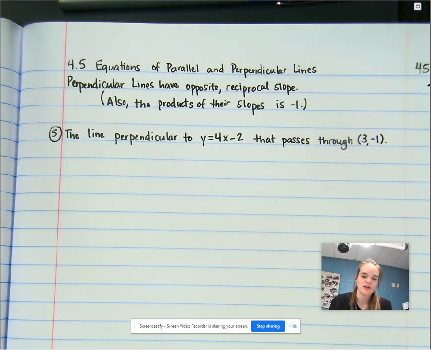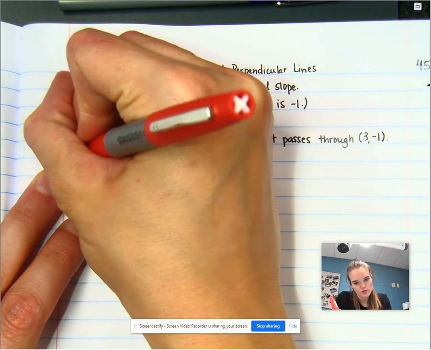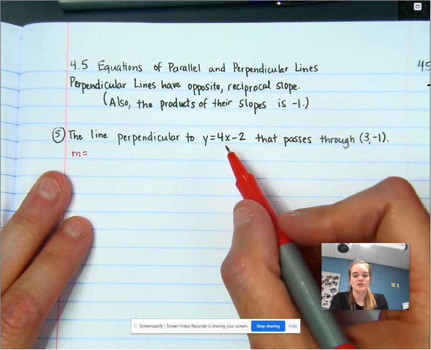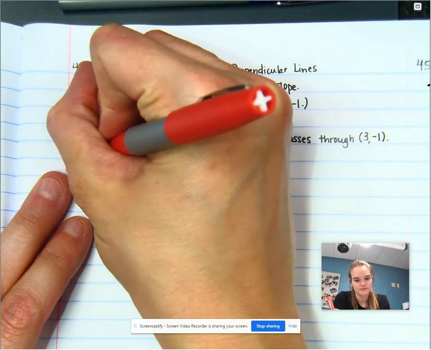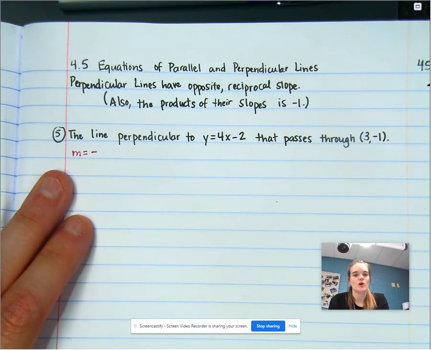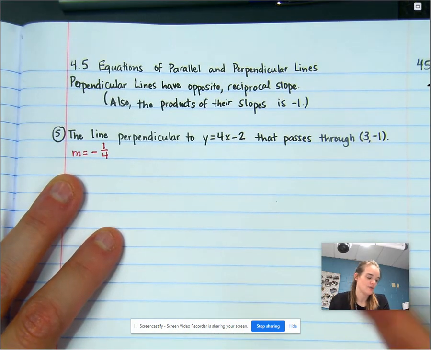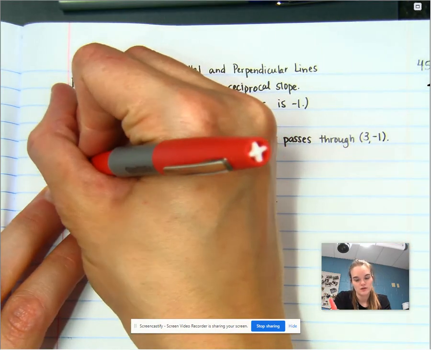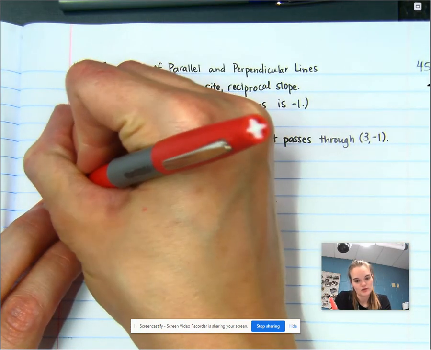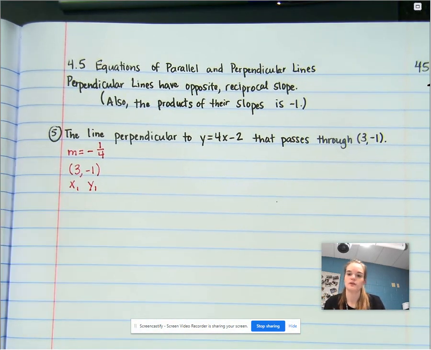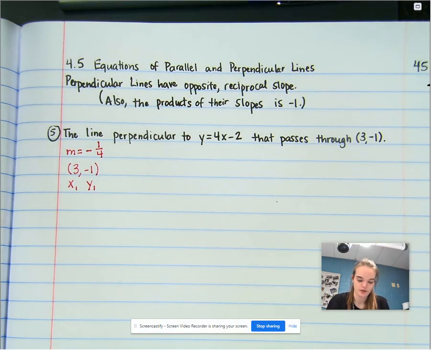So in this one, we can't just box in the slope here. The slope of this line is 4, but the slope of our new line is going to be the opposite and the reciprocal. 4 is positive, so the opposite of that is negative. 4 is the same as 4 over 1. The reciprocal of that is 1/4. And then we're going to use the point 3, -1, x1, y1. Those are the values we need, the slope and the point. So now we're going to do what we did earlier.